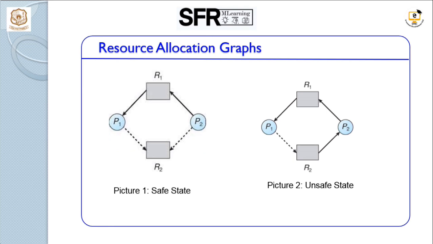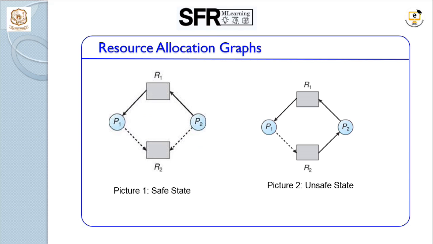Now look at picture 2, which is an example of an unsafe state. There is a claim edge between P1 and R2, which means P1 may request the resource in future. The next is R2 to P2, which means resource R2 is allocated to P2, and P2 is requesting R1. R1 is already allocated to P1.